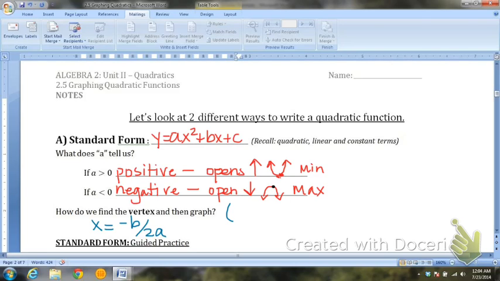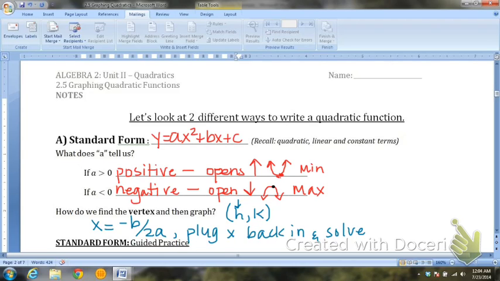Remember, vertex is the h, k thing. It really stands for an x, y point, right? So when I do opposite of b over 2a, I'm finding the h value. To find the k value, I then plug x back into my equation, and we solve.